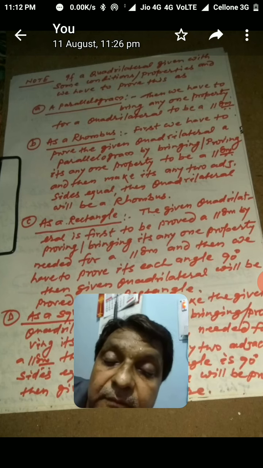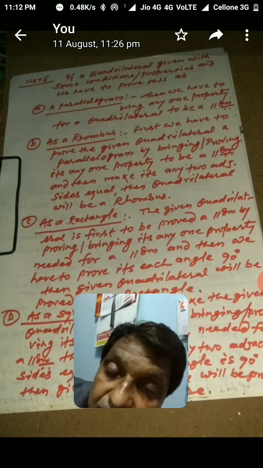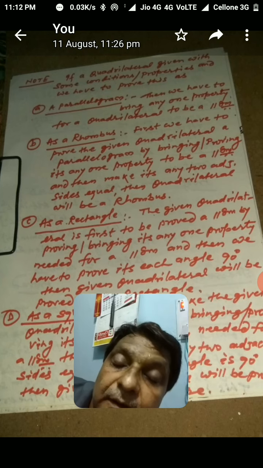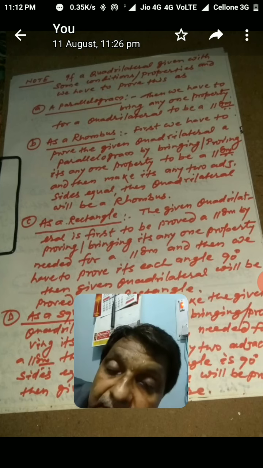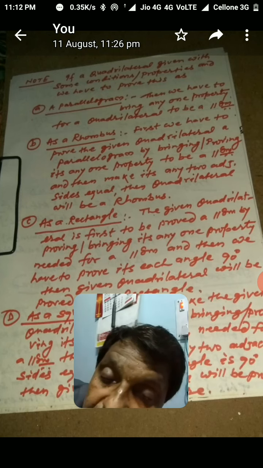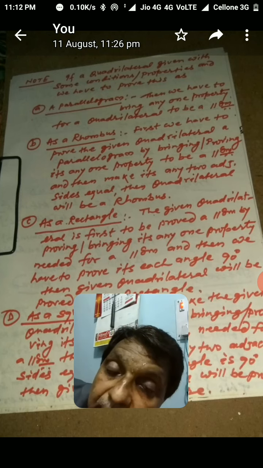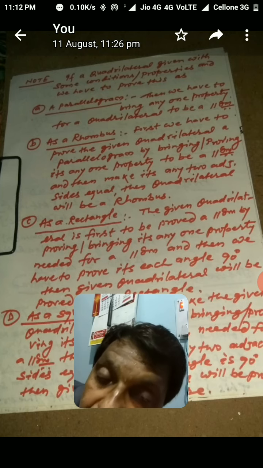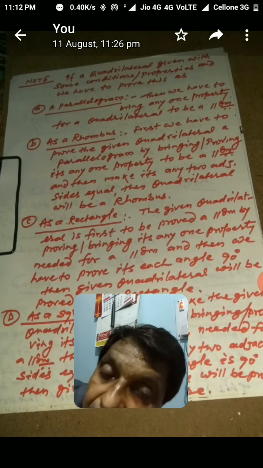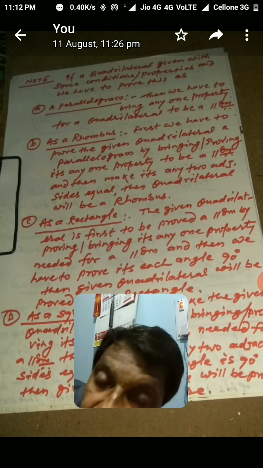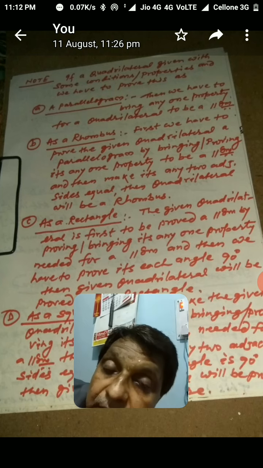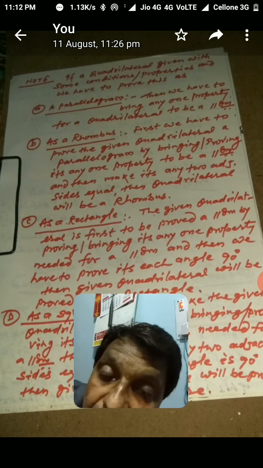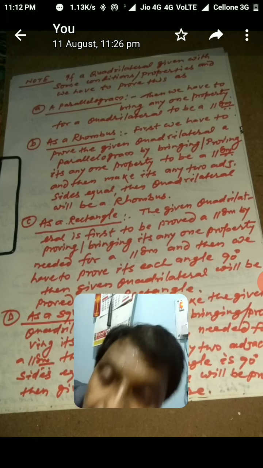That's why our scholar mathematicians named it the necessary and sufficient condition: take one pair of opposite sides of the given quadrilateral and prove them equal and parallel both. If we do so, then on the basis of this result, we can say that the given quadrilateral is a parallelogram.